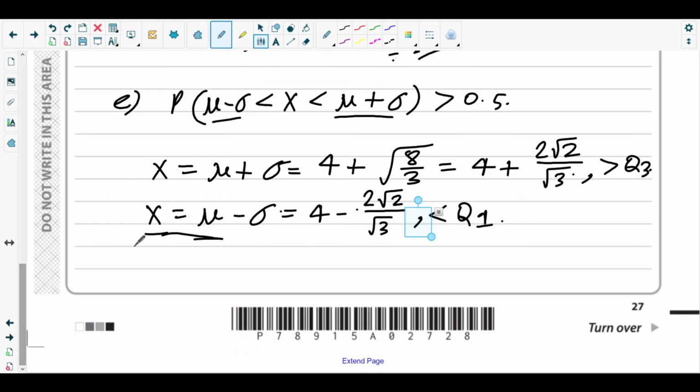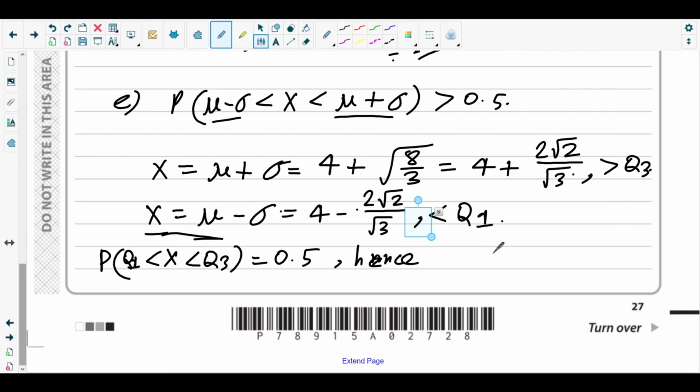So what we can write here? Probability of x greater than Q1, less than Q3, is equal to half. Hence what we can say?